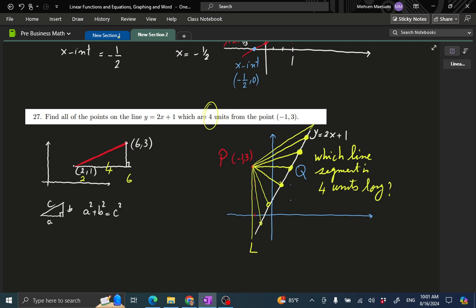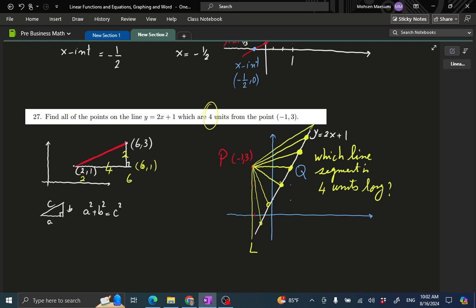Going vertical, you're going from 6, 1 to 6, 3. How much have you gone up by? Well, you have gone up by 2 units. Okay, so the x of this and the x of that, they are 4 units apart. The y of this and the y of that are 2 units apart. So the size of the legs of my triangle are 4 and 2.